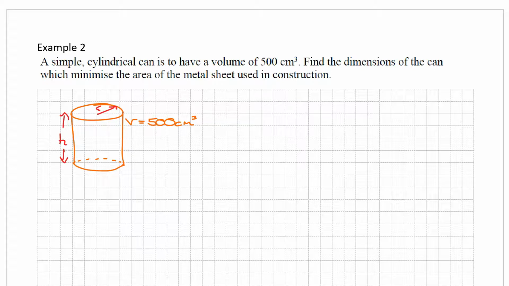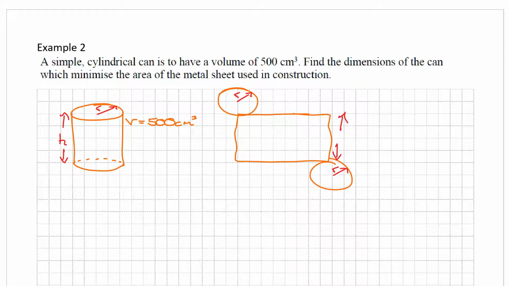So we have to flatten this out. Flattening out this cylindrical object, we're going to get something like that, and that's going to translate into the radius.